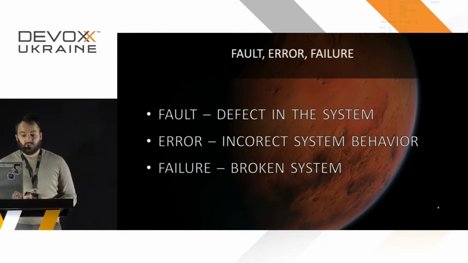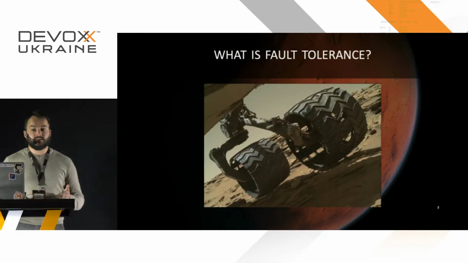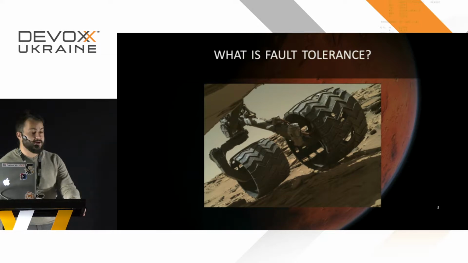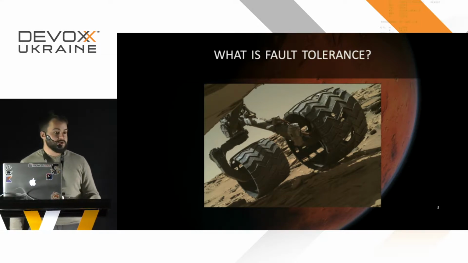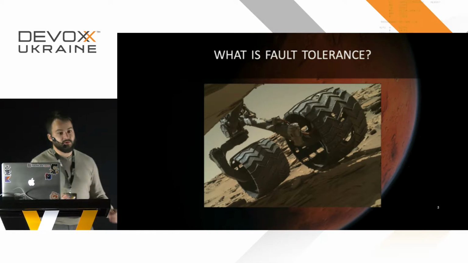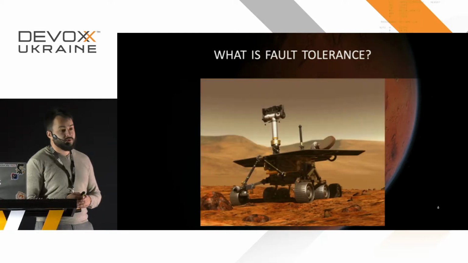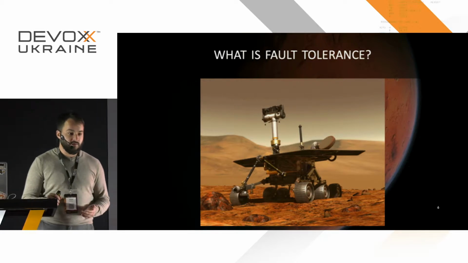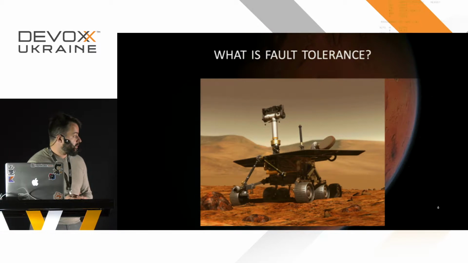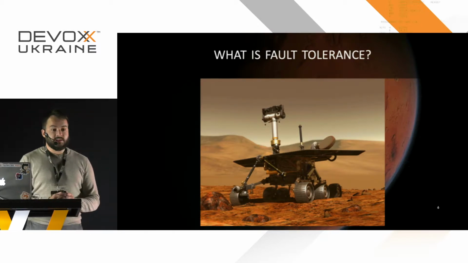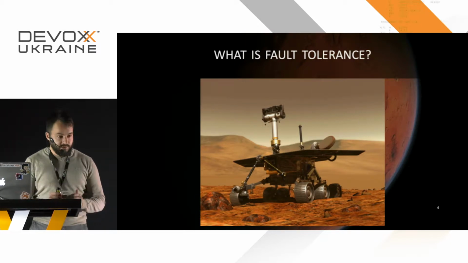So what does it mean to be fault tolerant? Does it mean that the system should not have any faults, any errors? Before answering that question, I want to tell you another story about another Mars exploration program, called Mars Exploration Rover. Maybe all of you have already heard about this program. It consists of two twin rovers, Spirit and Opportunity.